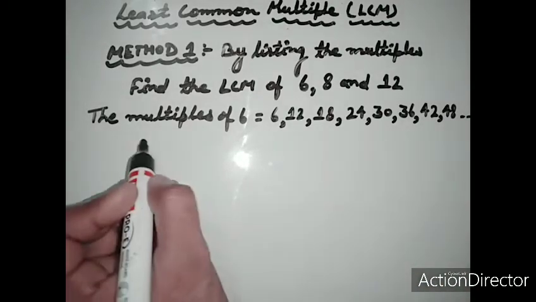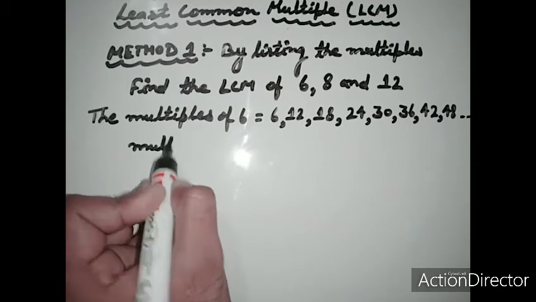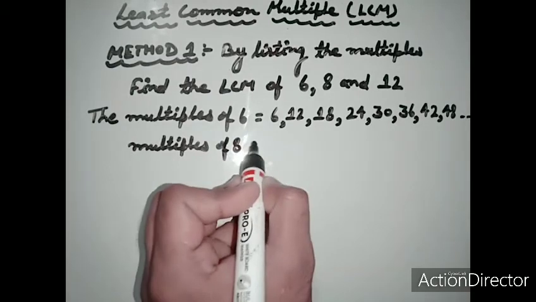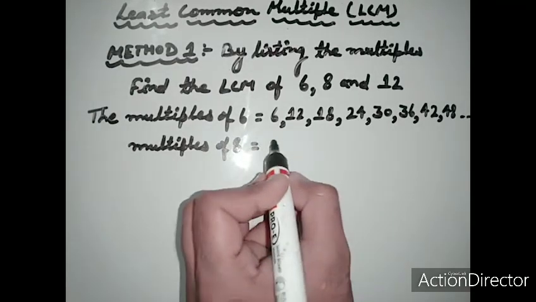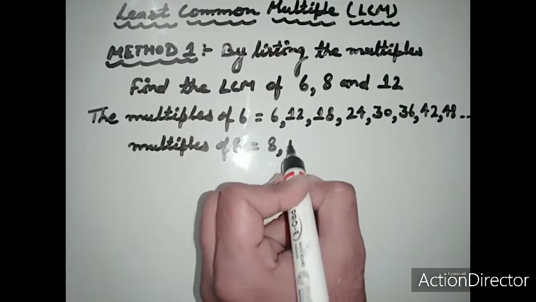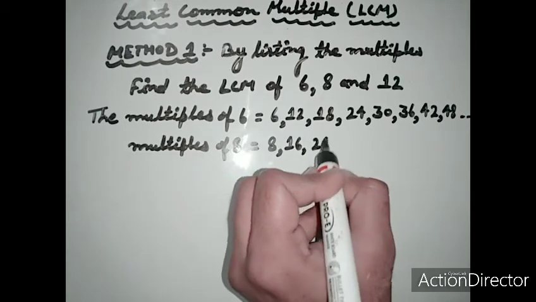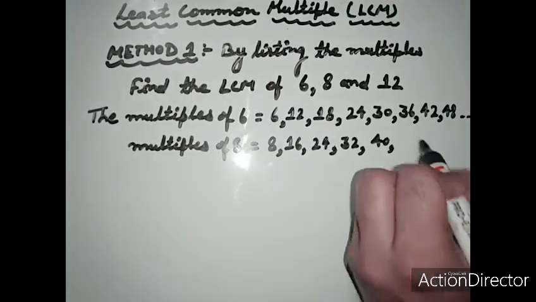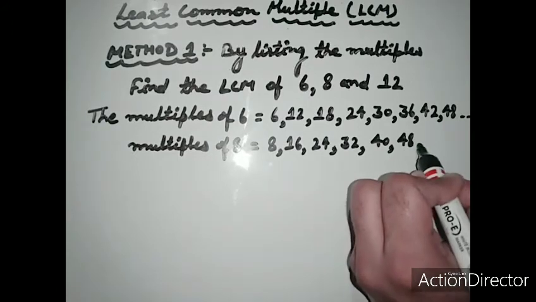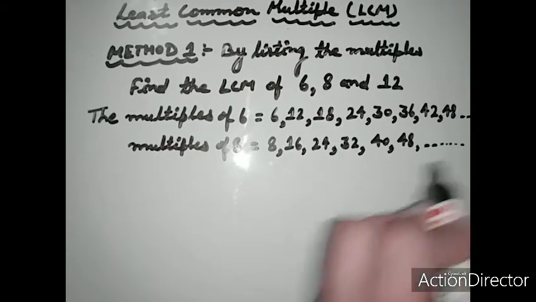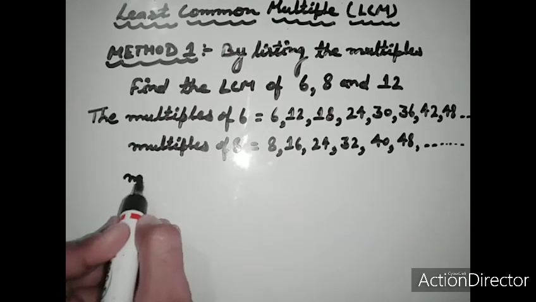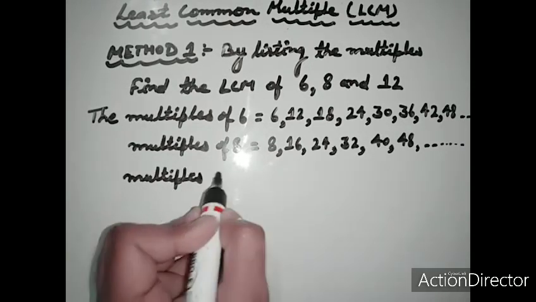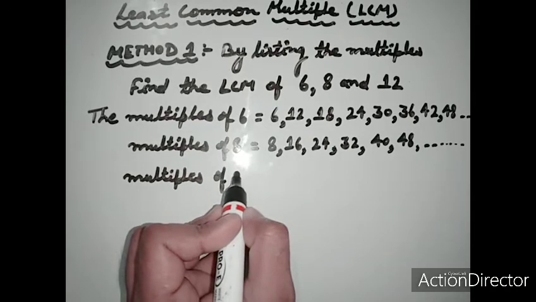Now we write multiples of 8: 8 ones are 8, 8 twos are 16, 8 threes are 24, 8 fours are 32, 8 fives are 40, 8 sixes are 48, and so on. Now we write multiples of 12.